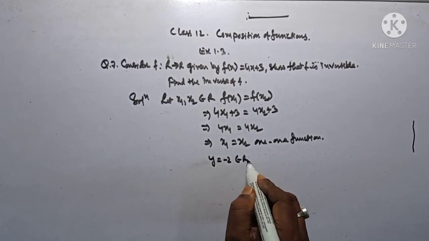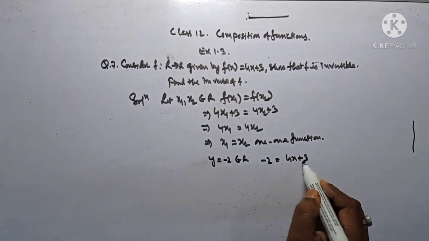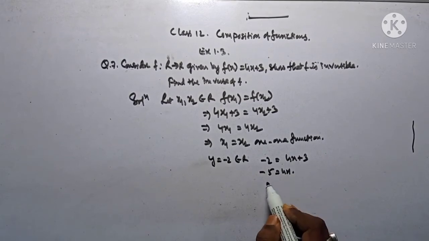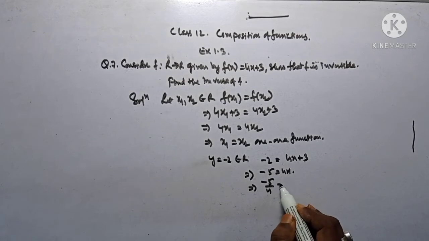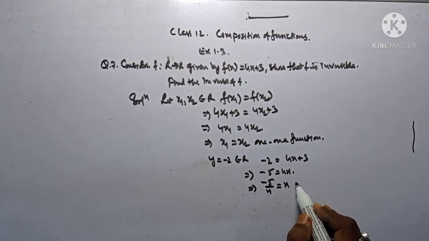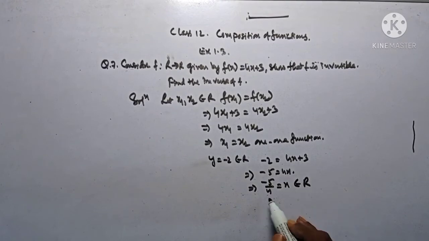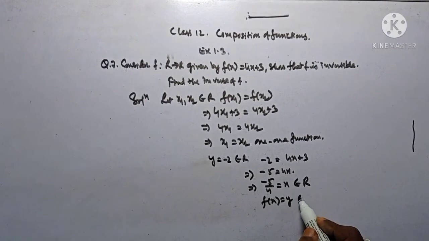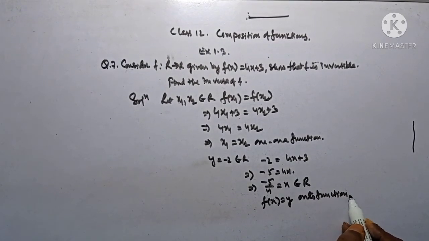It belongs to real number, so -2 is equal to 4x plus 3. So this will be -5 is equal to 4x. So -5 by 4 is equal to x, and this belongs to real number. So f(x) is equal to y, so it is an onto function.